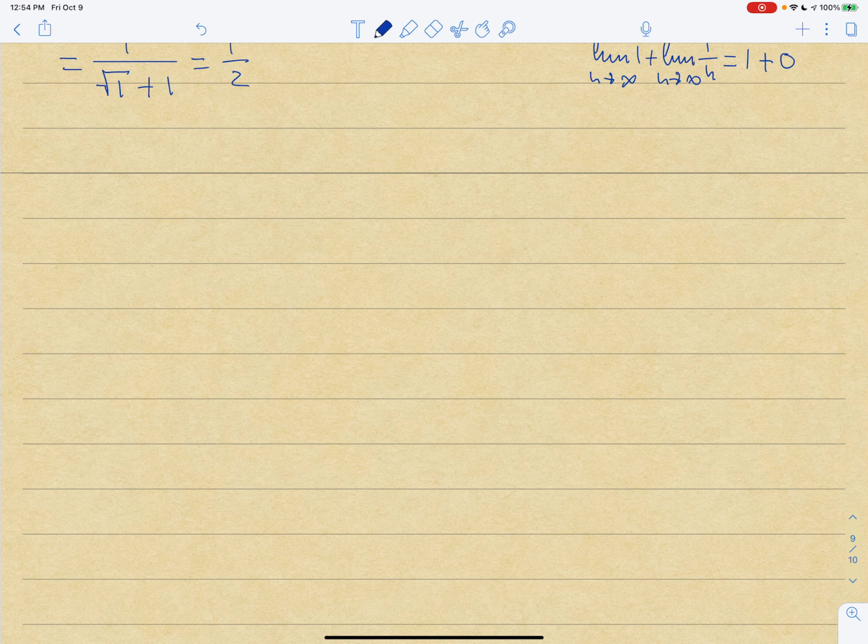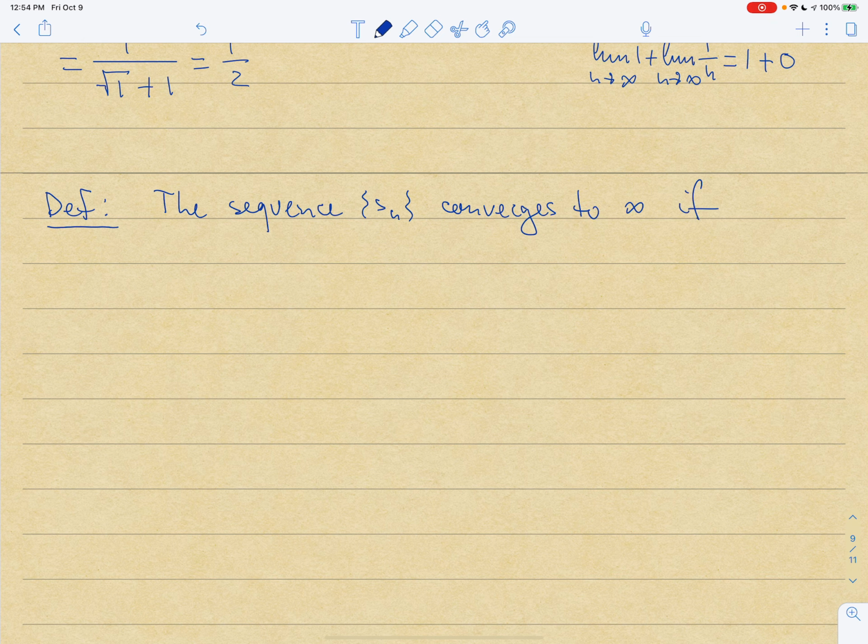So we're going to give the following definition. We're going to say that the sequence Sn converges to infinity if, now what does it mean that the sequence converges to infinity?